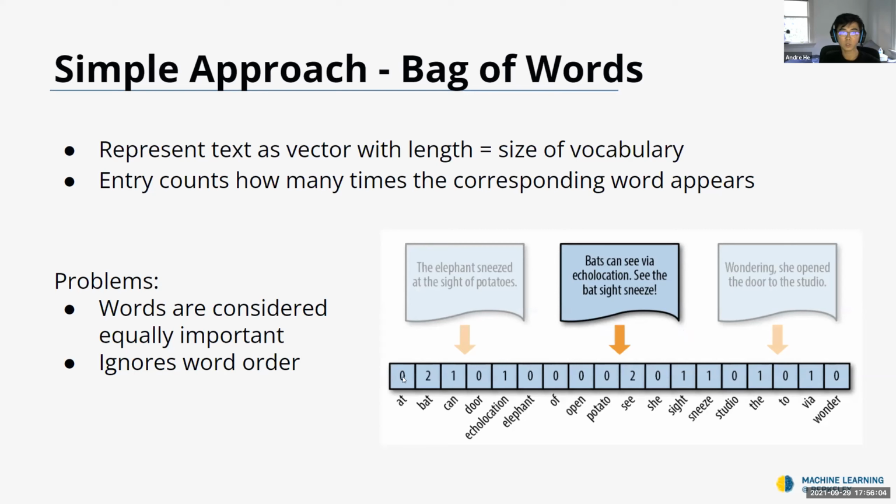So when you convert to bag of words, you lose a lot of semantic meaning about the sentence, because first of all, it doesn't capture any word order, and also all words are considered equally important in bag of words. Obviously, a word like "elephant" should be more important than how many instances of "the" appear in your sentence, just because "the" appears everywhere and it doesn't mean much when it appears more or less in a particular sentence.